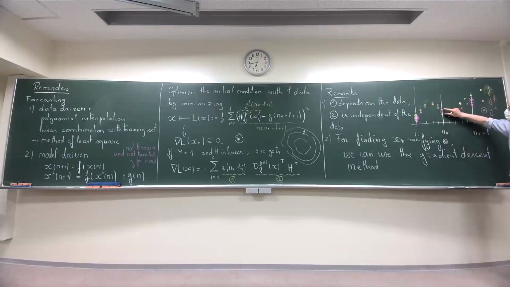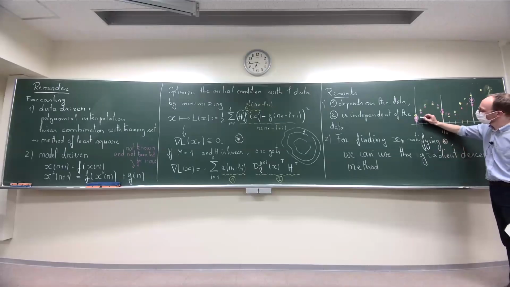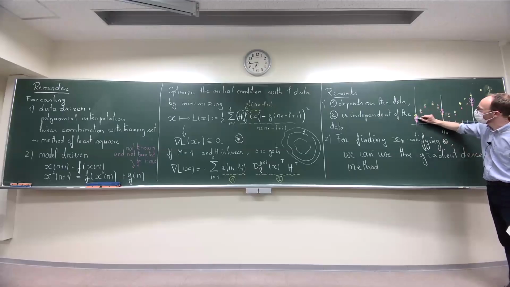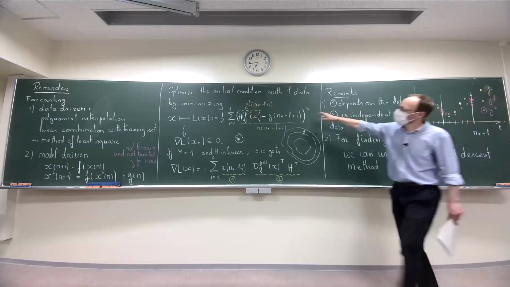So at this time, we have now a red dot and a yellow dot. And now I'm not sure which one is going to be the best, and it's probably none of them. So I'm going to find a new initial condition here, such that when I start with it, the trajectory would be even closer. This is why we minimize.